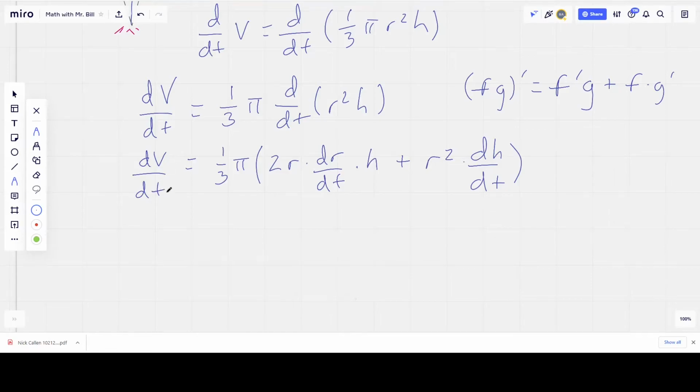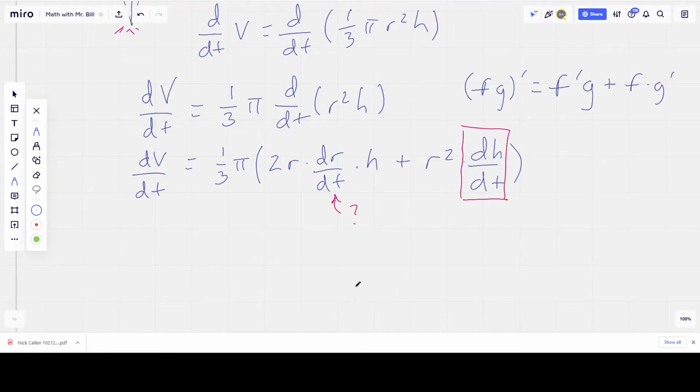We know dv dt. We should be able to figure out what r is. We know what h is. dh dt is what we're looking for. So that's our goal right there. But what we don't have is dr dt.